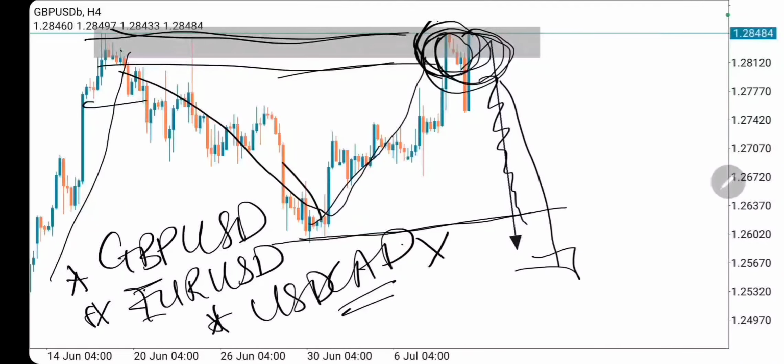We got into USD CAD today, and possibly tomorrow we might be entering the other two when these setups mature. We've traded USD CAD and have currently broken even on this trade; we are in profit on USD CAD.